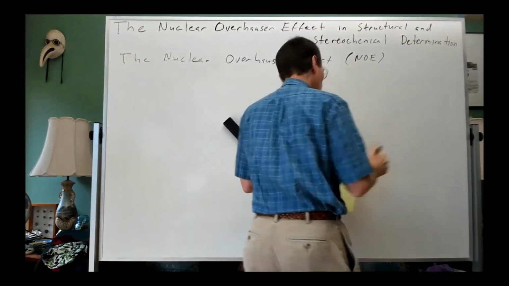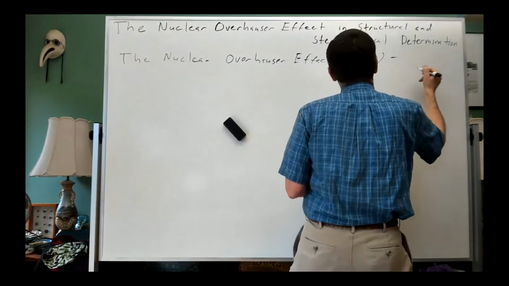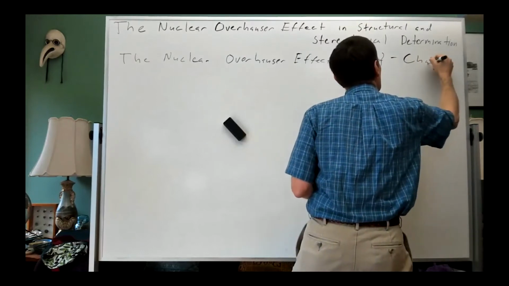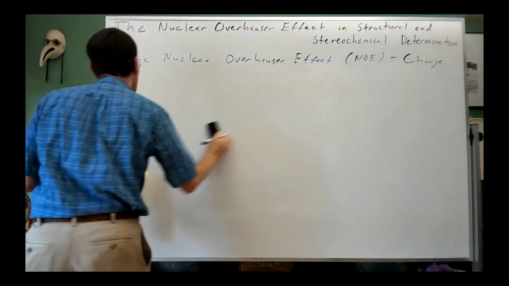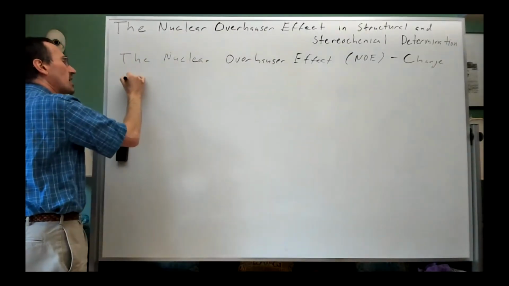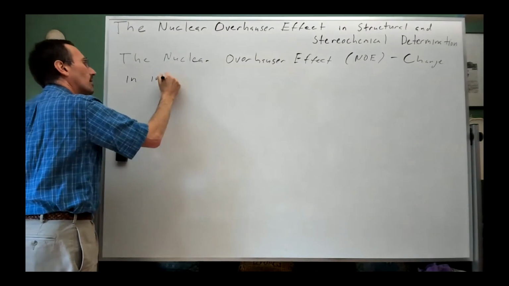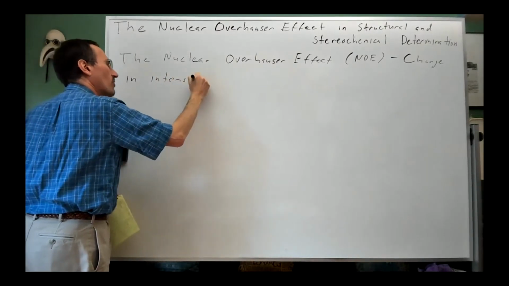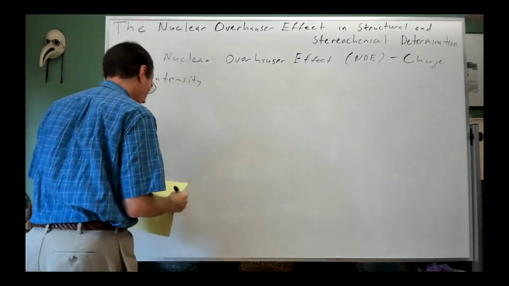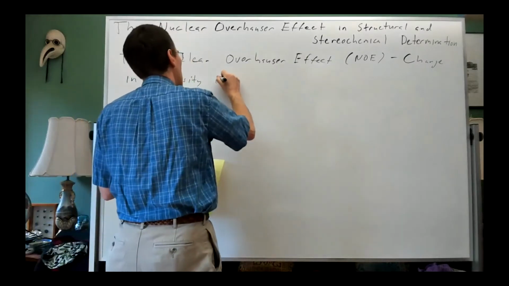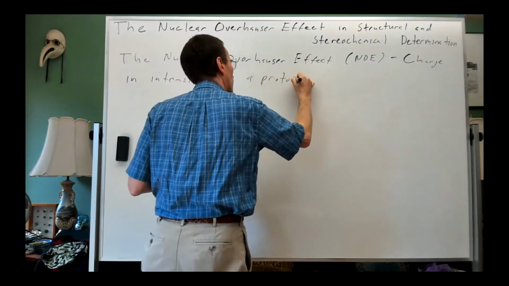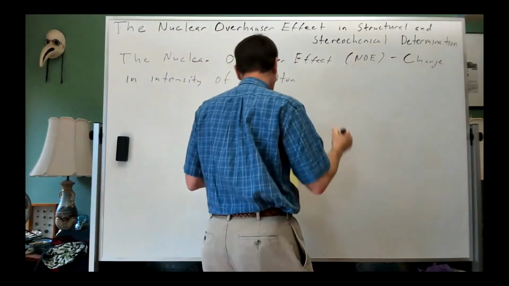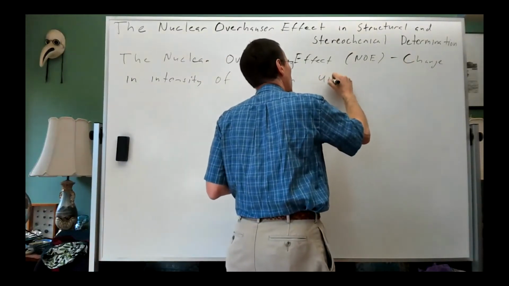I think maybe we can describe this as a change in intensity of the resonance, I'll say of a proton. Could be for carbon, we've talked about it in that context as well, upon irradiation of a nearby proton.